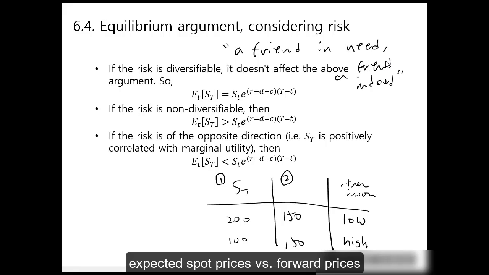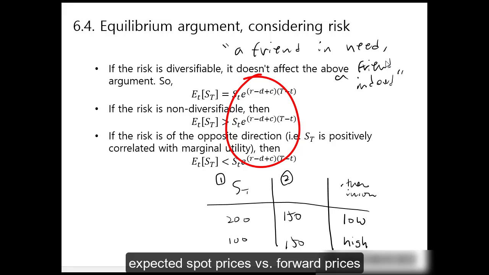Again, if you look at this side, we learned from the previous week that this should equal, what should it equal, this part? So this should equal the forward price or future price. So let's just say forward. This part is identical to the forward price according to the theory we learned last week.